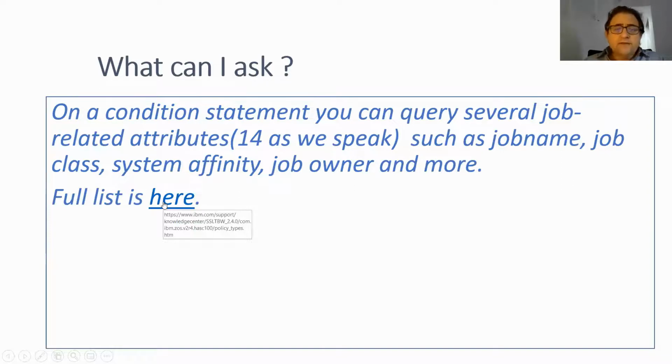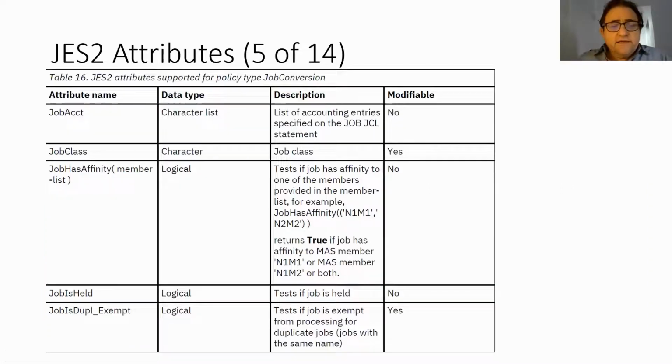But I've copied the first 5 into the handouts, and we see here already that JSON, although it's not really a programming language, does have a lot of the characteristics of a programming language. So for example, we already see here that these attributes that we receive from JES, like the accounting information and job class, have a data type.